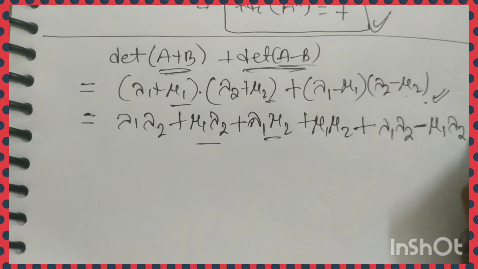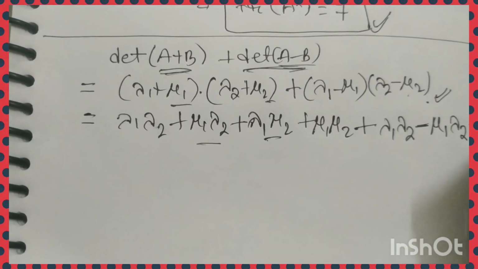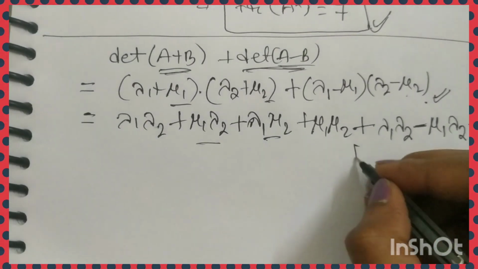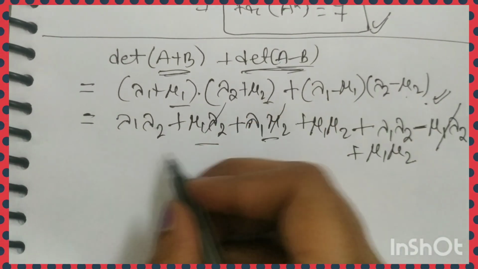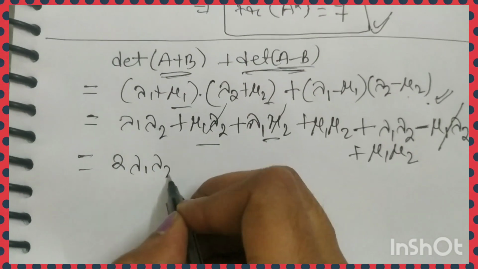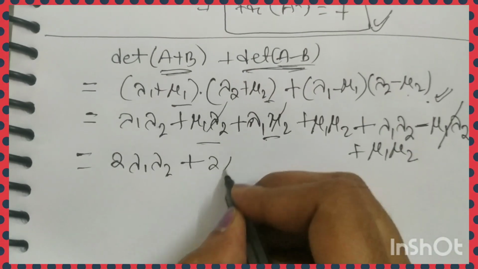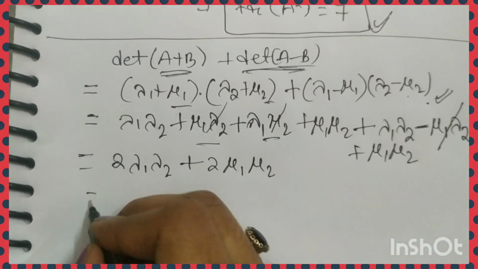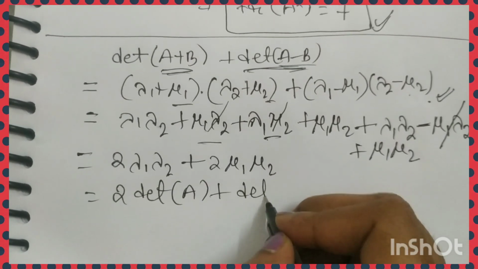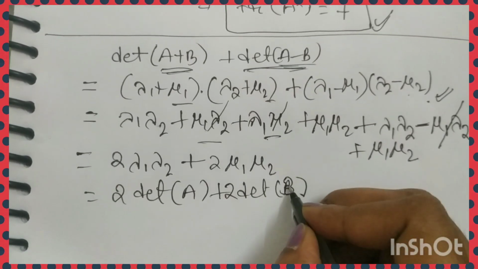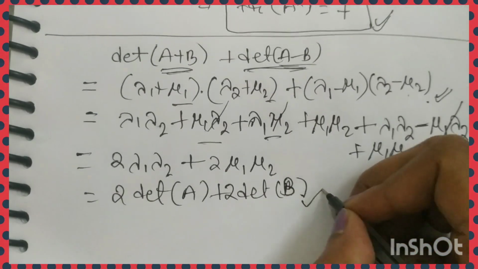You should also try to solve with me. Plus μ1 μ2, and as you can observe these terms cancel out, and you will get 2 into lambda 1 lambda 2 plus 2 into μ1 μ2, which is nothing but 2 into determinant of A plus 2 into determinant of B. So in particular, this is implied.